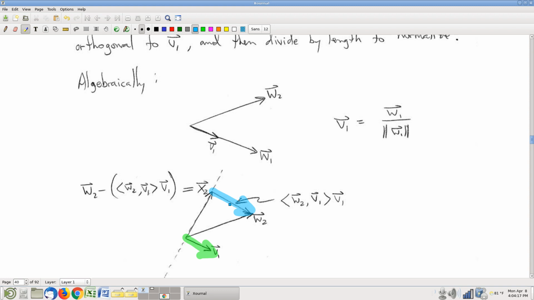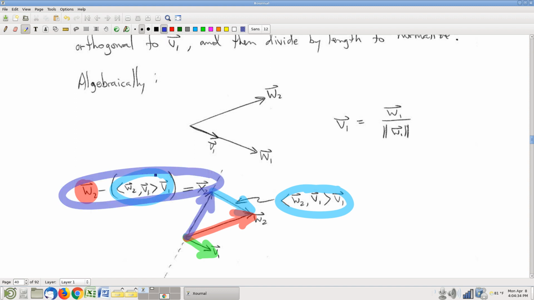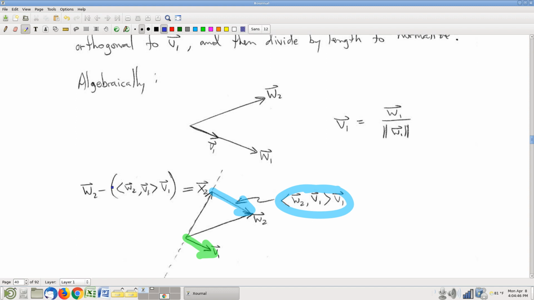Once I identify that light blue vector, that is going to be the thing that I'll want to subtract from my original bad W2 vector to get, reminder, my new and improved second vector, that purple vector there. So it all comes down, I know I'm going to subtract it off, to this: can I compute that light blue vector?